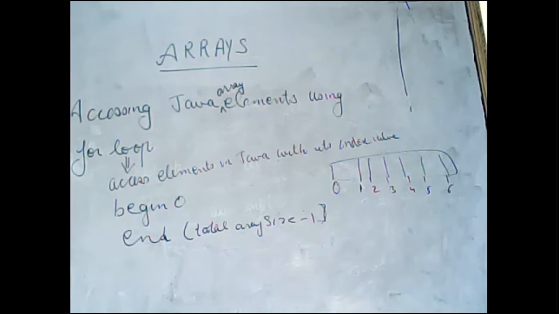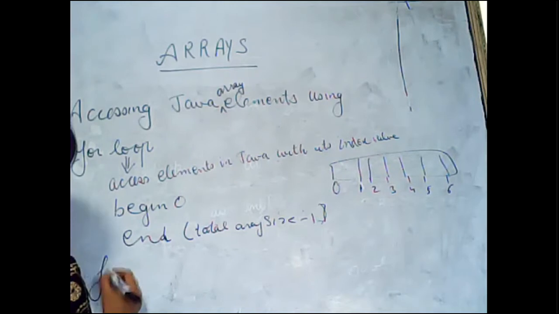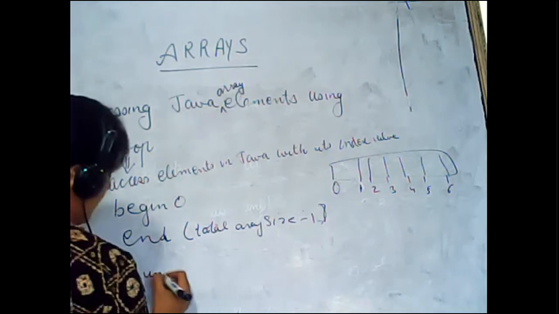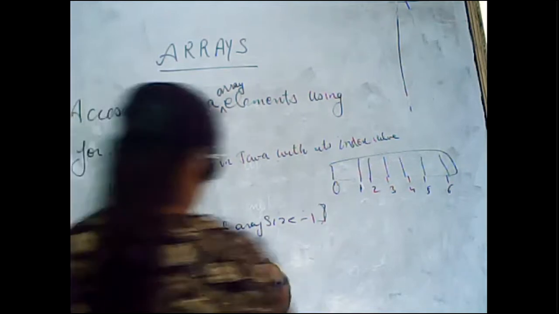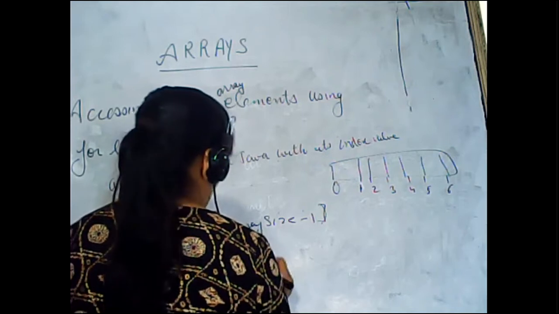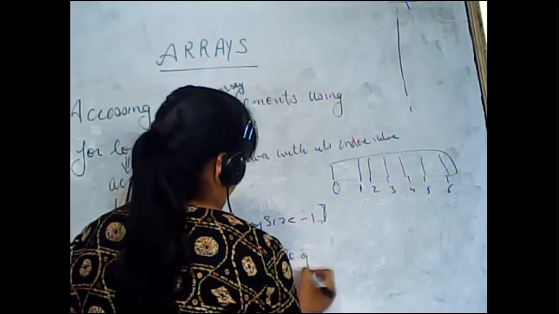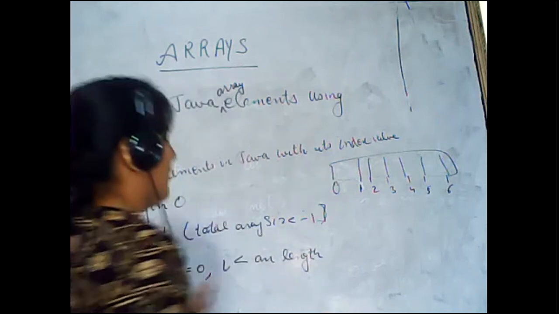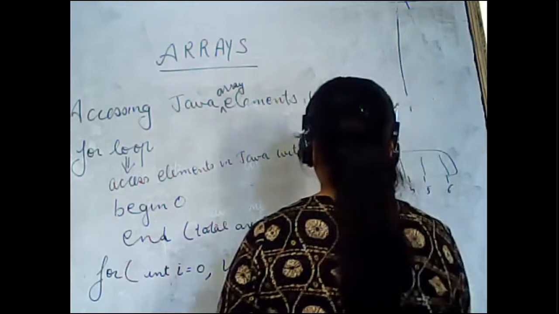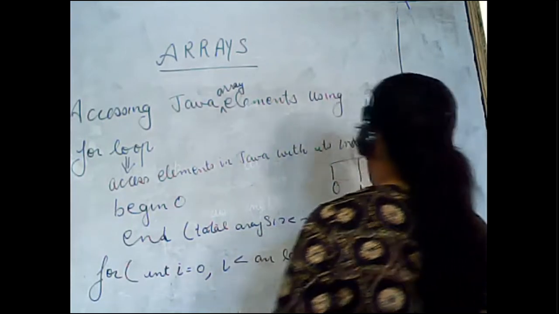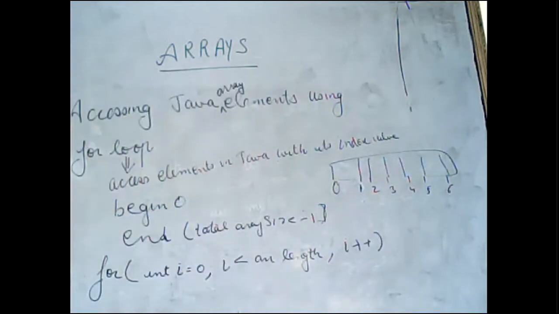So how can we access all those elements using a for loop? We can write like this: for, let's suppose, int i equal to 0. This is the variable that we are taking, and we have to move till array dot length, the total length that particular array will have. Okay, so that is array dot length, and we will increment the index position 1 by 1, accessing each position one by one.